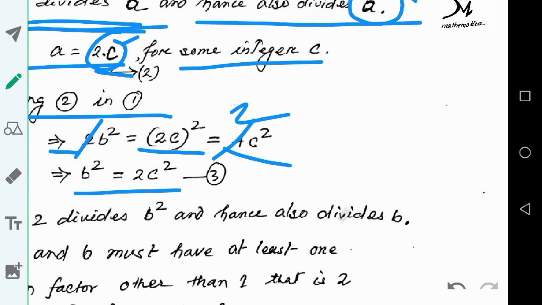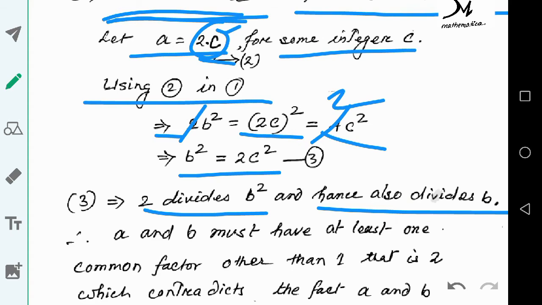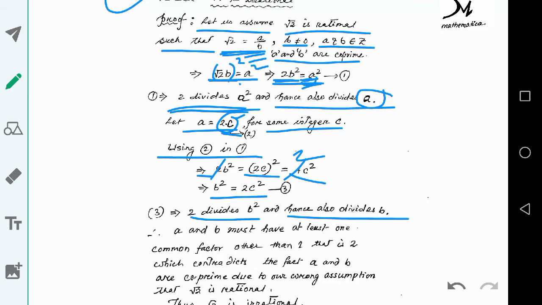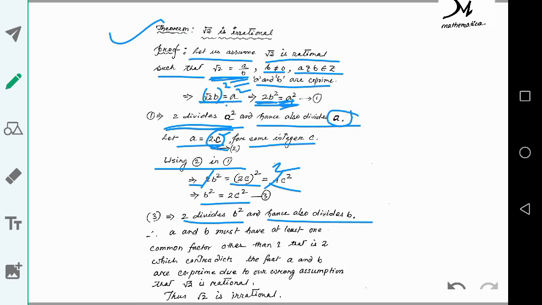Now 2 into c square is equal to b square, that means 2 divides b square, and hence 2 also divides b. So now it is found that when c square is multiplied by 2 it gives b square, that means 2 must be a factor of b square, and hence also a factor of b.